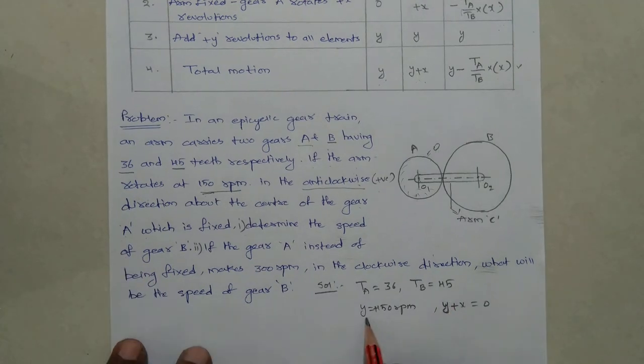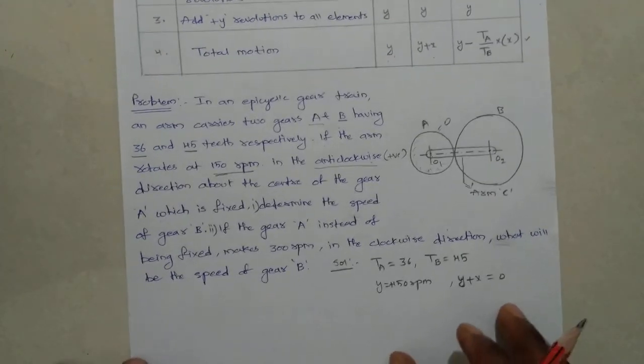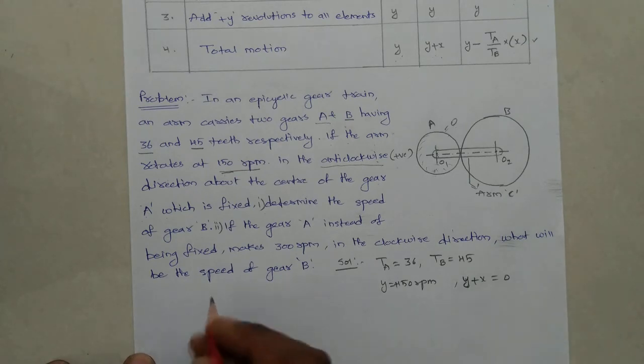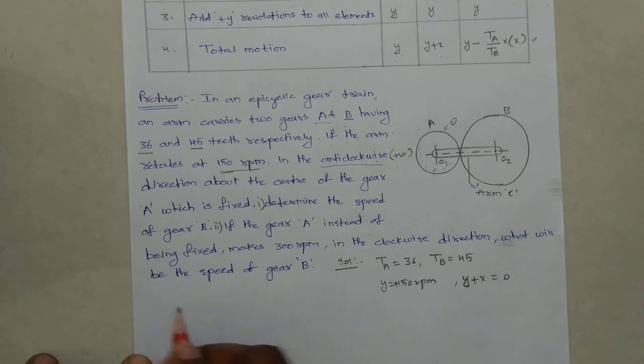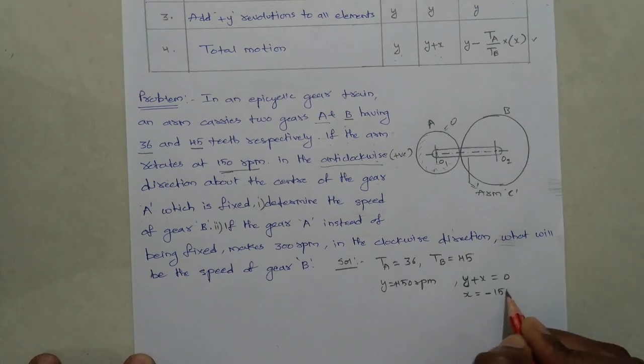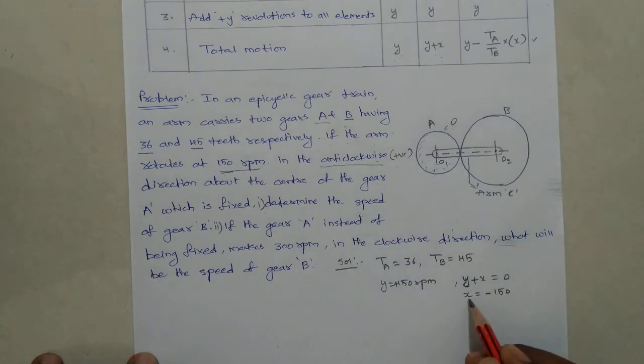But we know that y is equal to 150 RPM and y plus x is equal to 0. So if you substitute this y value here, we are going to get x is equal to minus 150. You can see x we got here as minus 150, right?